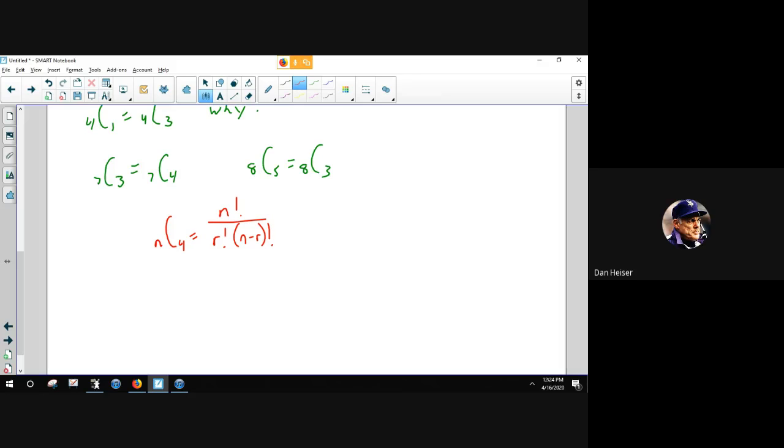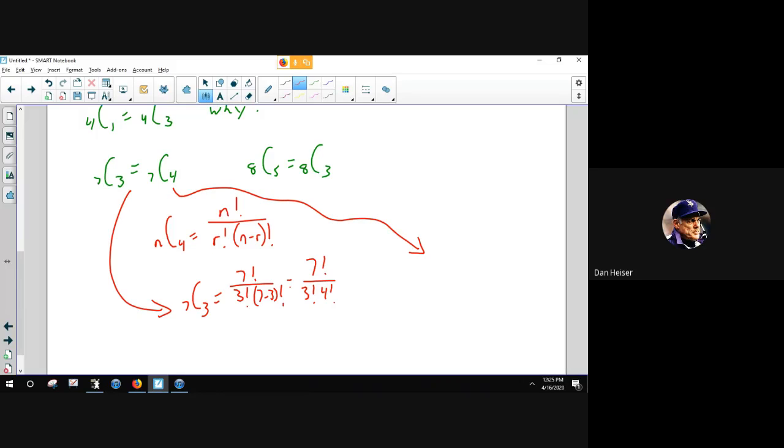So let me use 7C3, 7C4 as an example. 7C3, using the formula. 7 factorial, r is 3, n minus r gives me this. 7 factorial, 3 factorial, 4 factorial.